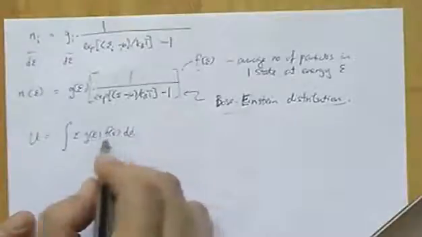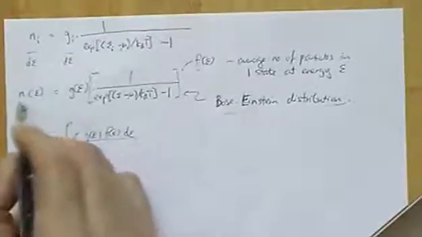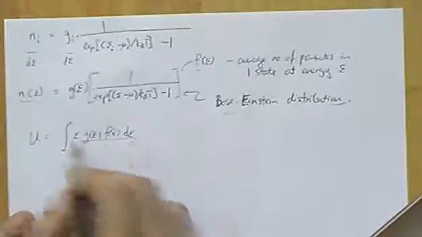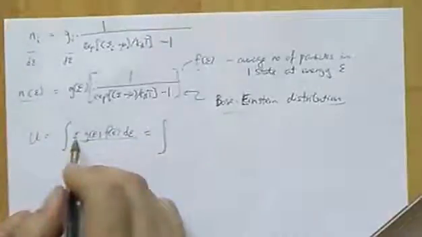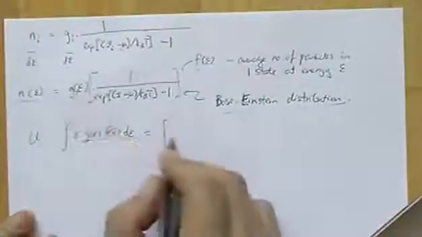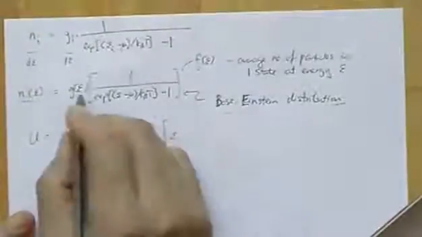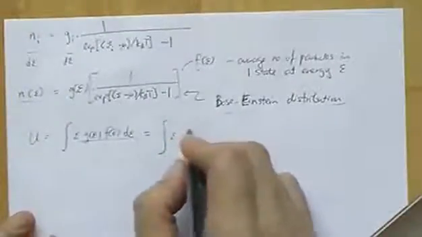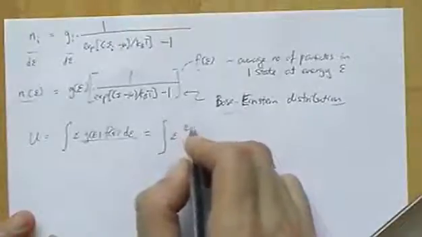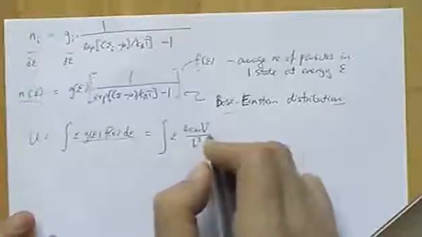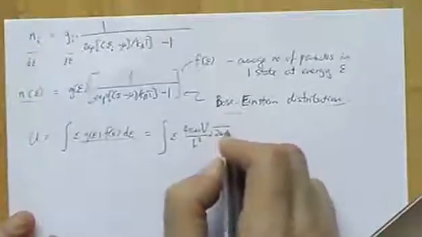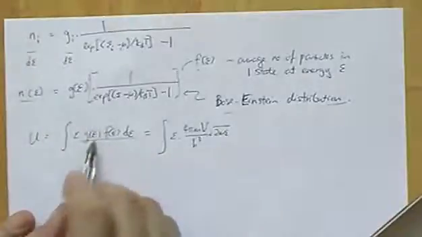So this is just the number of particles in the interval dE times E. Now G(E), we know what G(E) is. It's from the ideal gas, 4 pi m V over h cubed times the square root of 2mE.